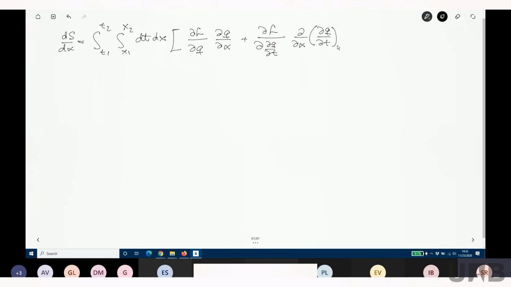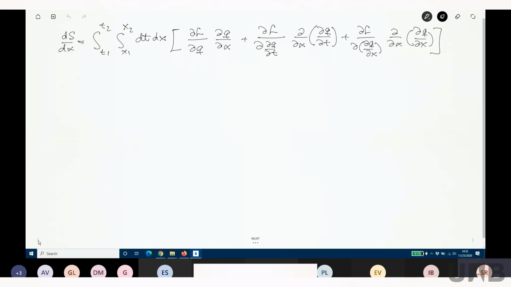Remember that q depends on x and t. Plus the derivative of L with respect to the derivative of q with respect to x, times the derivative with respect to alpha of the derivative of q with respect to x. So that's all there is. So that's the derivative of S with respect to alpha.